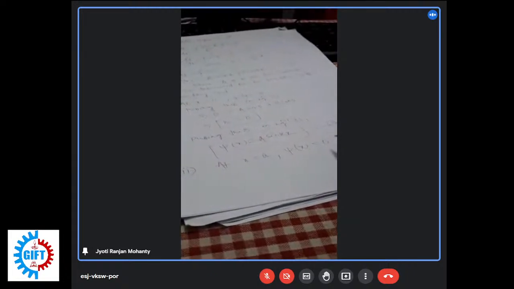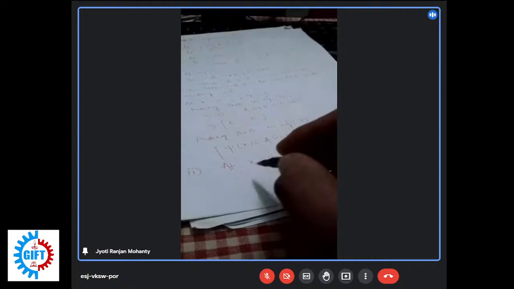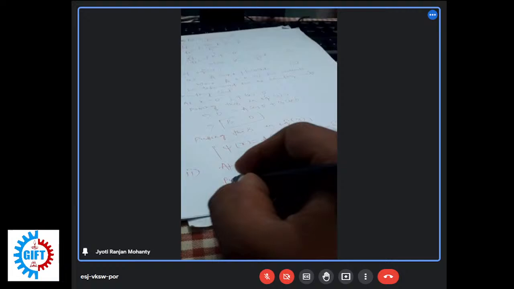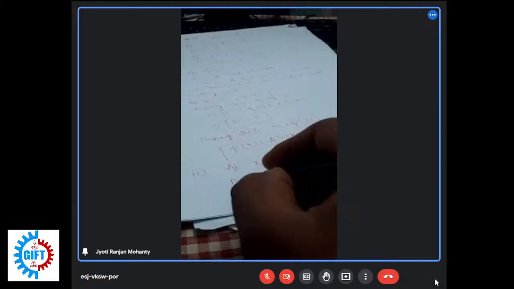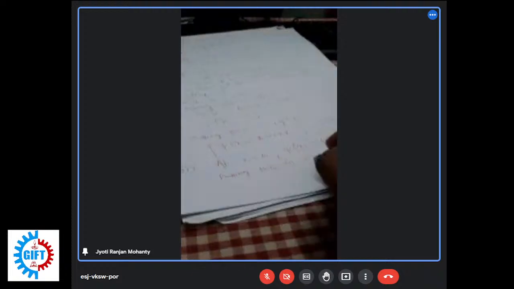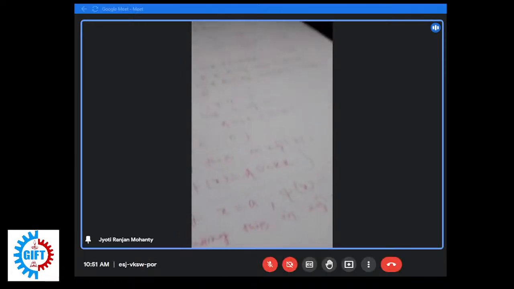At x is equal to a, psi x is equal to 0. Putting this in equation 4, if you put the second boundary condition in equation 4, what will be the result?